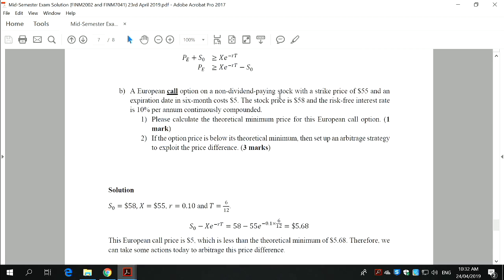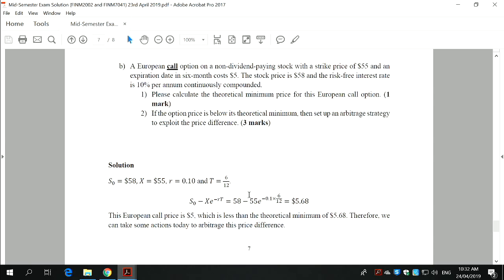Part B is also taken straight out of your workshop slides. Basically, what you do is, first you check whether this call option is selling at a price that's lower than the lower bound, right? So the lower bound is the theoretical minimum price this call option should be selling for. And you know how to check the lower bound, right?